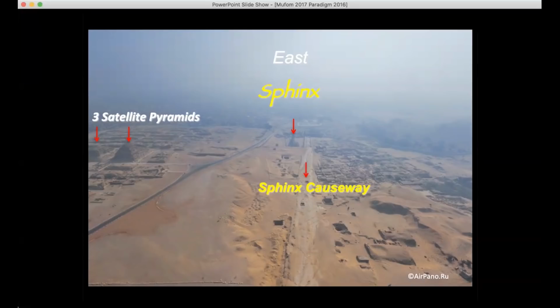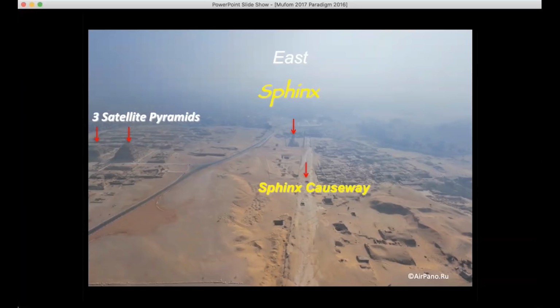Another thing I want to bring up here too, I also have in this model the elevations of the pyramids and the Sphinx from sea level, or how they differ in their elevation heights. The center pyramid would be placed at 0, the highest one.